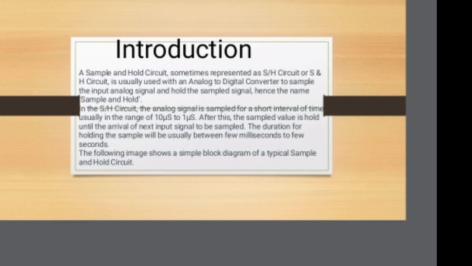In the SH circuit, the analog signal is sampled for a short interval of time, usually in the range of 10 microseconds to 1 microsecond. After this, the sampled value is held until the arrival of the next input signal to be sampled.